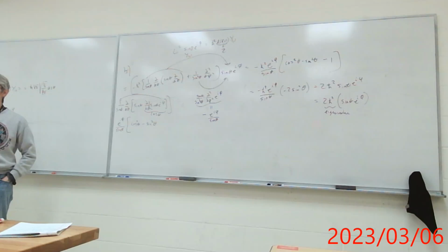All right, so the whole thing then is minus h bar squared, and I can take out this e to the i phi and the e to the i phi there. Everybody's multiplied by e to the i phi. Right, and we've got minus h bar squared, and we've got cosine squared theta minus sine squared theta minus 1.